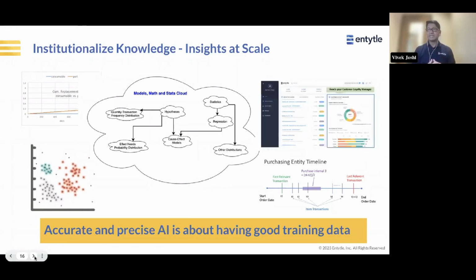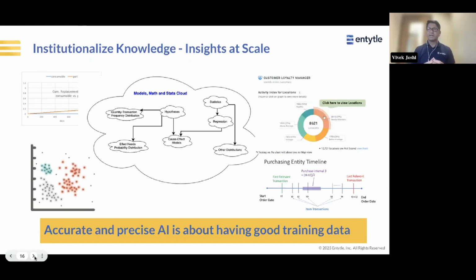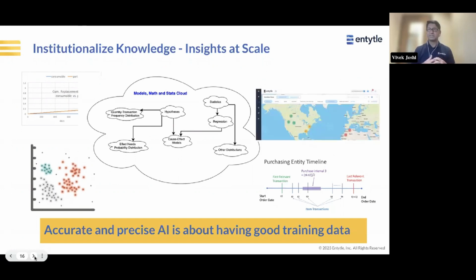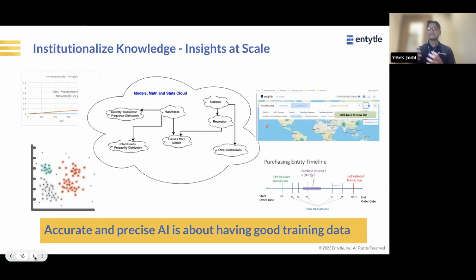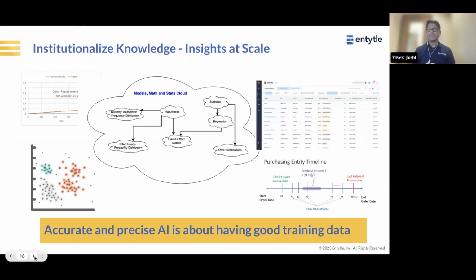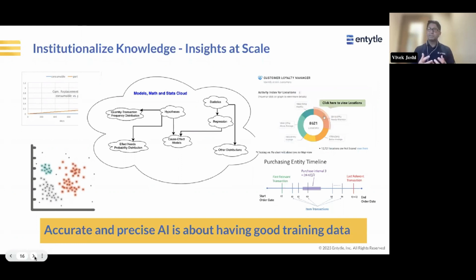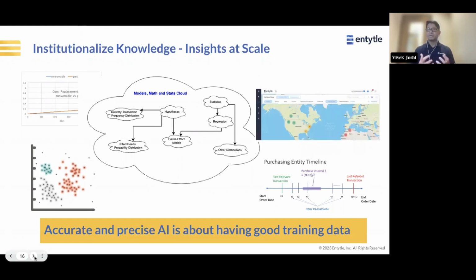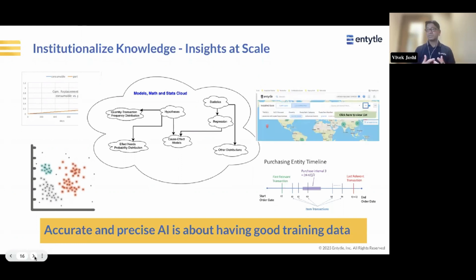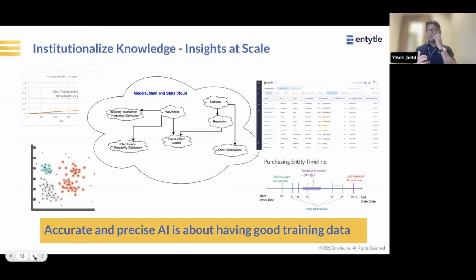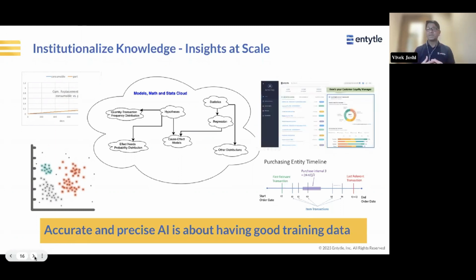I didn't put this slide earlier, but when I think of AI, I think of a pattern recognition process that allows you to create insights and decision guiding, if you may, right? So when I'm trying to institutionalize this whole process, you really need to have really good accuracy and precision in your outputs. But to do that, you need really, really good training data.